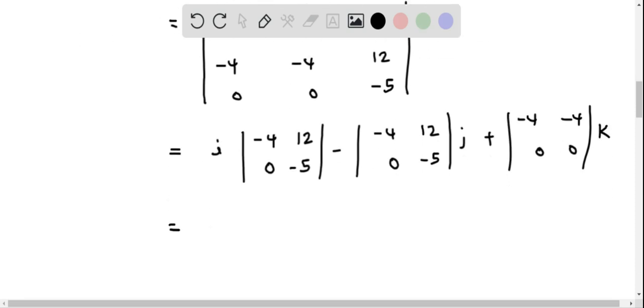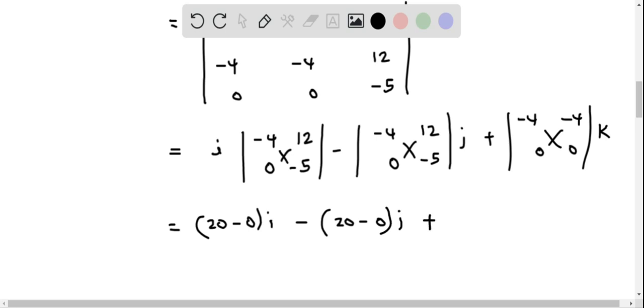We then do the cross products. So this becomes -4 times -5 is positive 20, and then 0 times 12 is 0. This is i. We then have minus: -4 times -5 is positive 20, minus 12 times 0 is 0, j, plus -4 times 0 is 0, and 0 times -4 is 0, times k.